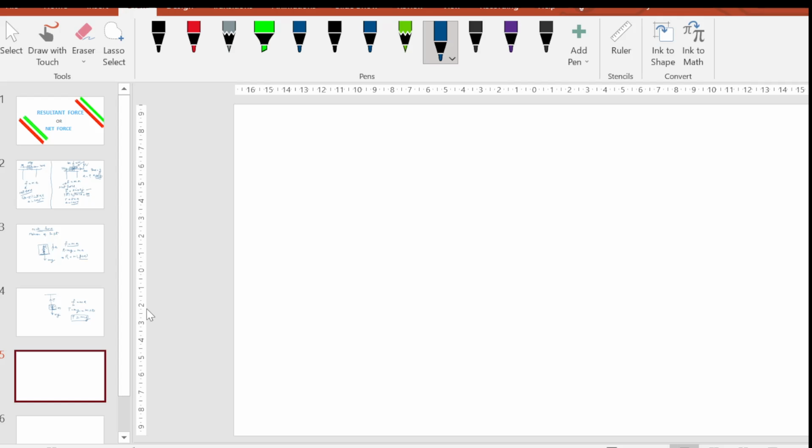One more example: suppose a pulley is there, and across this pulley I suspended two weights. Suppose one is 5 kg, and on the other side I suspended a mass of 10 kg. Again, this is a string, you have to keep in mind.